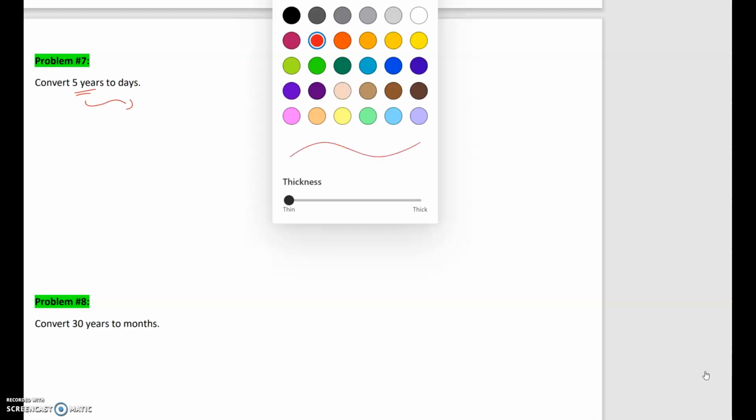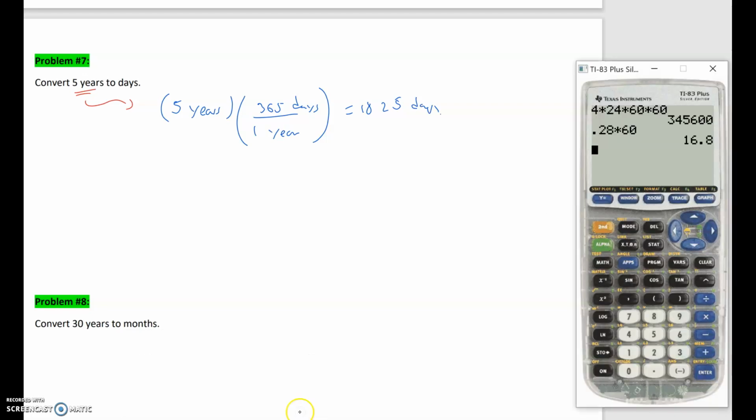years to days. So in this case, let me start with 5 years. And then 1 year is equivalent to 365 days. So multiplying these two, let me check it. 5 times 365 is 1,825 days.